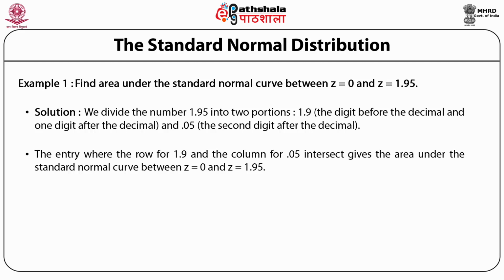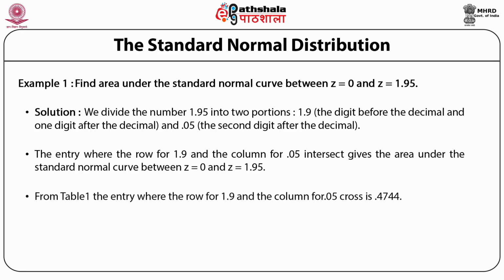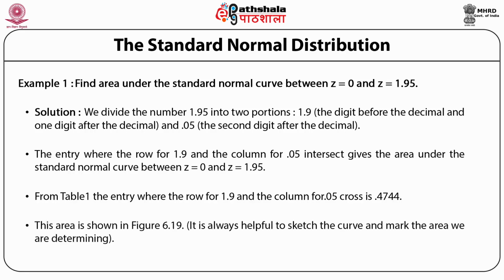The relevant portion of table A is reproduced below as table 1. From table 1, the entry where the row for 1.9 and the column for 0.05 cross is 0.4744, in red ink. Consequently, the area under the standard normal curve between 0 and z equal to 1.95 is 0.4744. This area is shown in the figure.